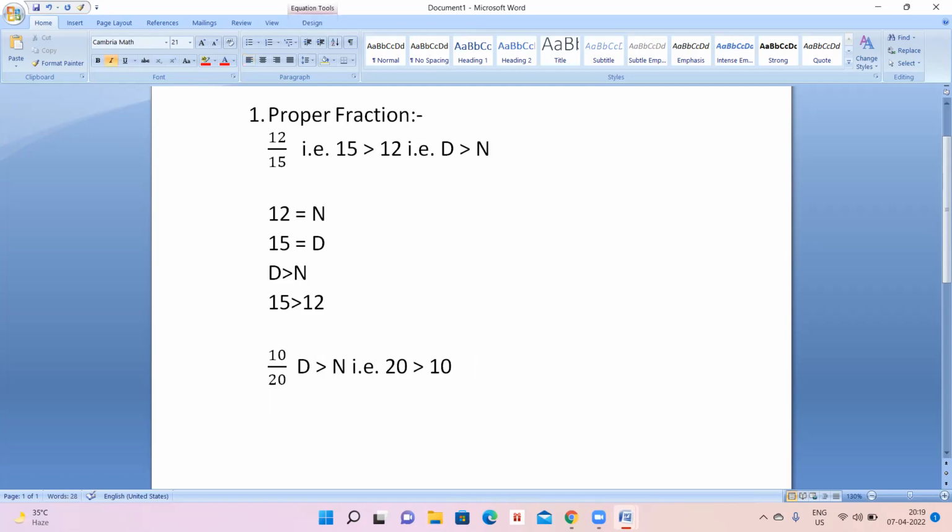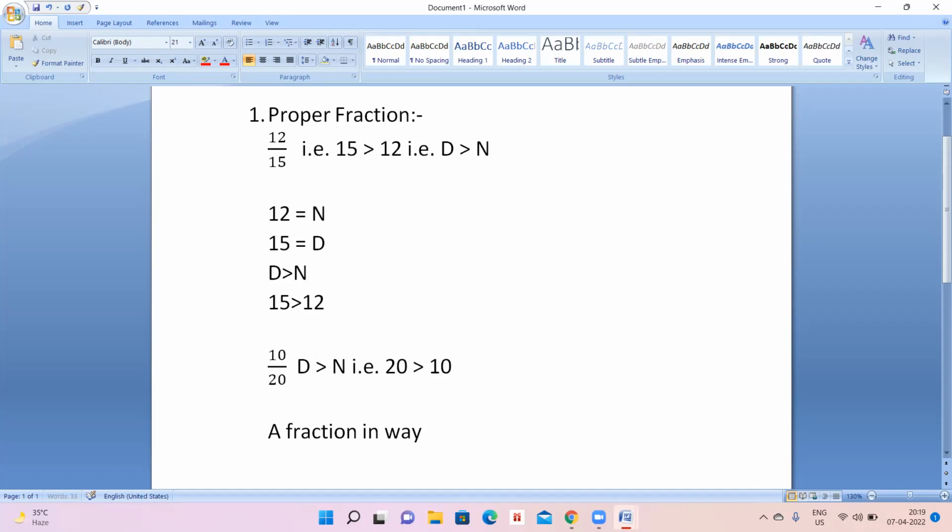So if anyone asks what a proper fraction is, it is a fraction in which the numerator is lesser, or you can say the denominator is greater than the numerator.